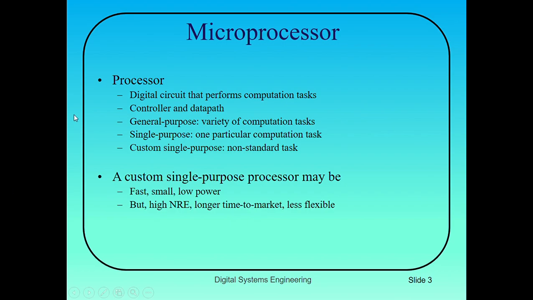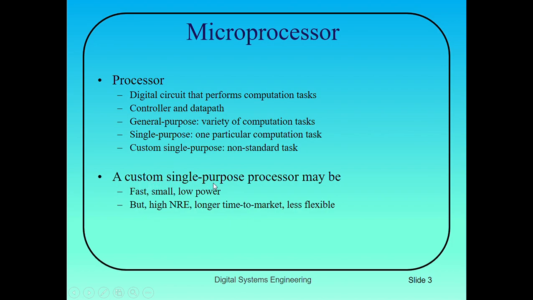We have three different types of processors: general purpose processors, single purpose processors, and custom single purpose processors. General purpose processors can perform a variety of computation tasks. Single purpose processors can perform only one particular computation task, and the custom single purpose processors can perform non-standard tasks.